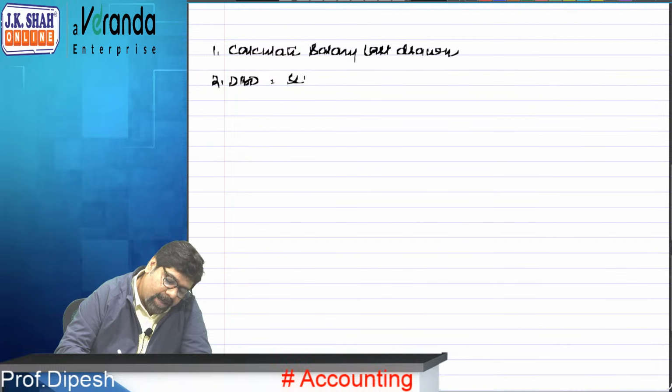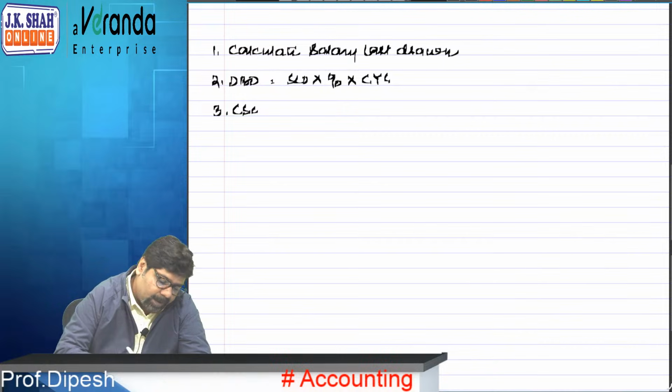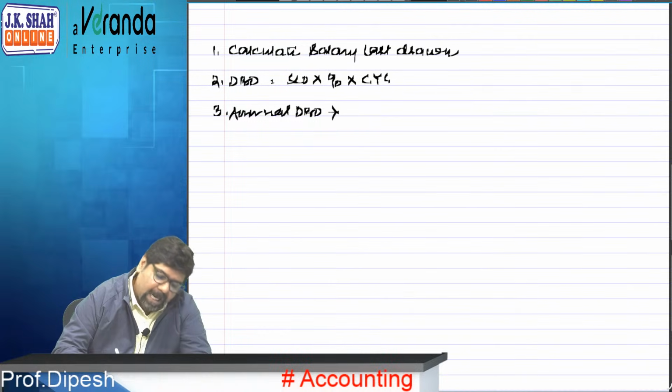That is salary last drawn into percentage into completed years of service. Then number 3, you calculate annual DBO. In annual DBO what you will do? DBO divided by completed years of service. You will get one amount.